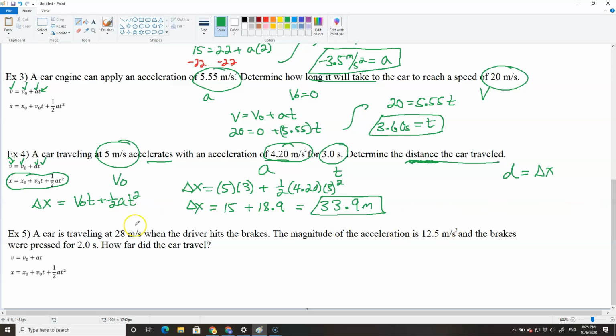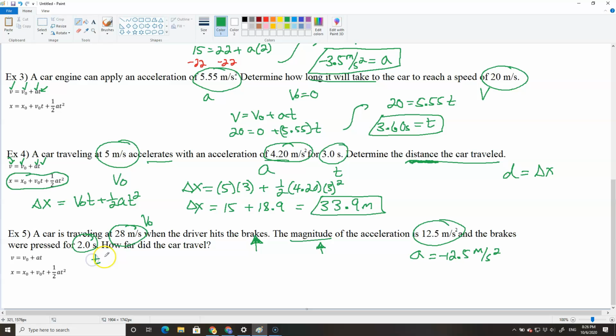Our last question. Car is traveling 28 meters per second. That's v initial. Driver hits the brakes. Magnitude of the acceleration is 12.5. Now, I want to bring up the point that I'm hitting the brakes with a positive velocity. Magnitudes are always given as positive, but I'm going to want to use a negative 12.5 for the acceleration because the acceleration is removing the velocity.